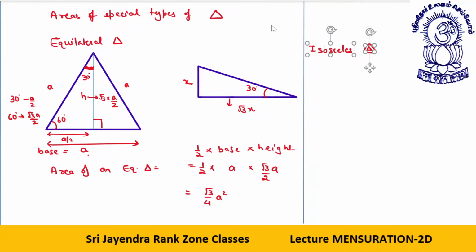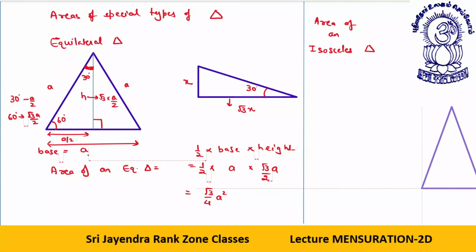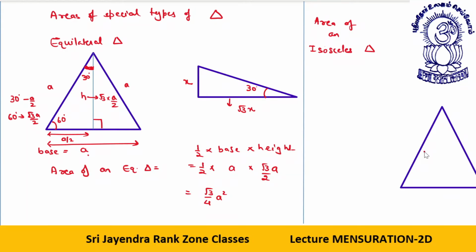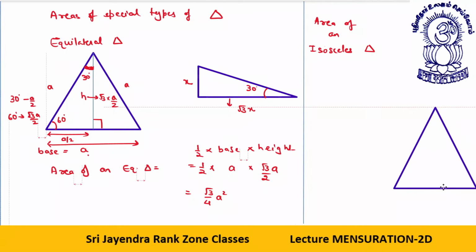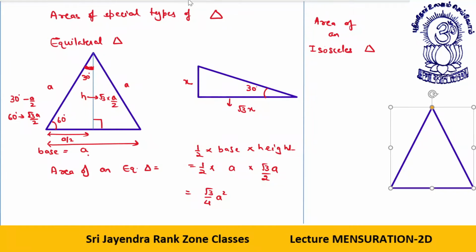Area of an isosceles triangle. Let me draw one isosceles triangle in front of you first. This is an isosceles triangle. Here I draw the altitude.